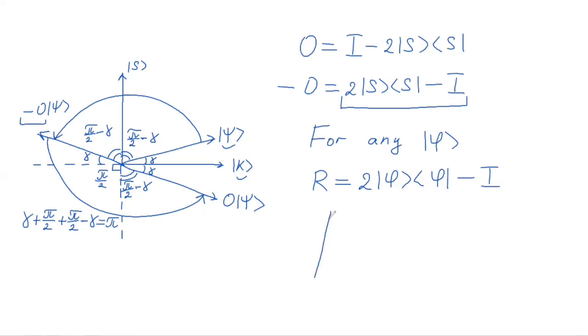To illustrate it, let's draw a vector phi. And let's assume we have another vector, let's call it mu. And if this angle is alpha, in order to reflect vector mu about vector phi, we need to apply this reflection operator R to the vector mu.